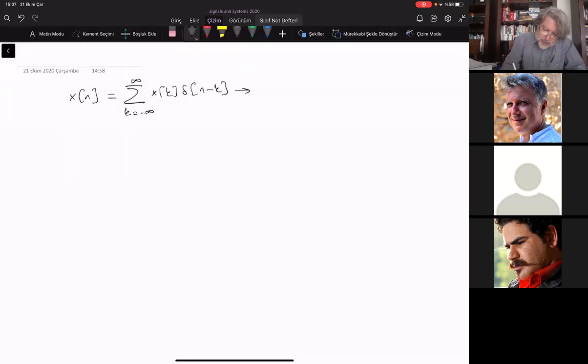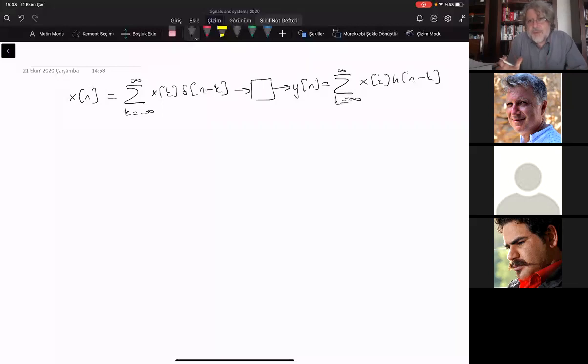And when you feed this into a linear and time invariant discrete time system, the output will be the same linear combination from minus infinity to plus infinity with the same scales of individual impulse responses, shifted individual impulse responses, h of n minus k.